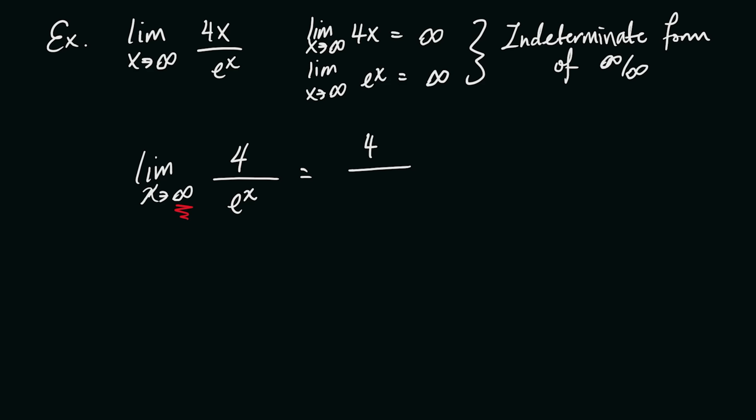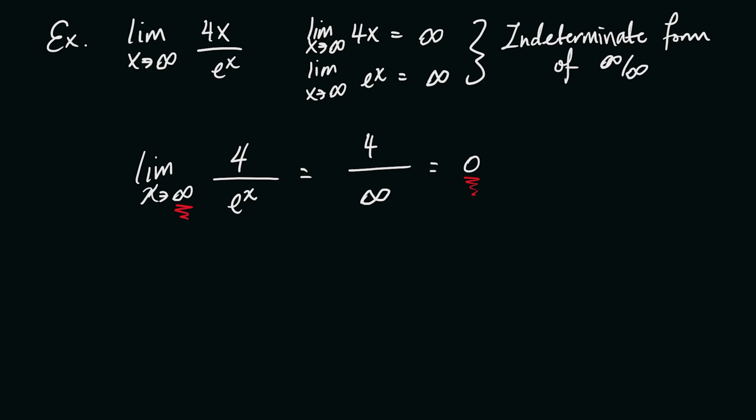And then over, whenever e to the x goes to infinity, we're still going to get infinity, so we're going to write infinity on the bottom. Now, you might ask me, what does this equal eventually? Well, it equals 0. So now 0 is our answer here.